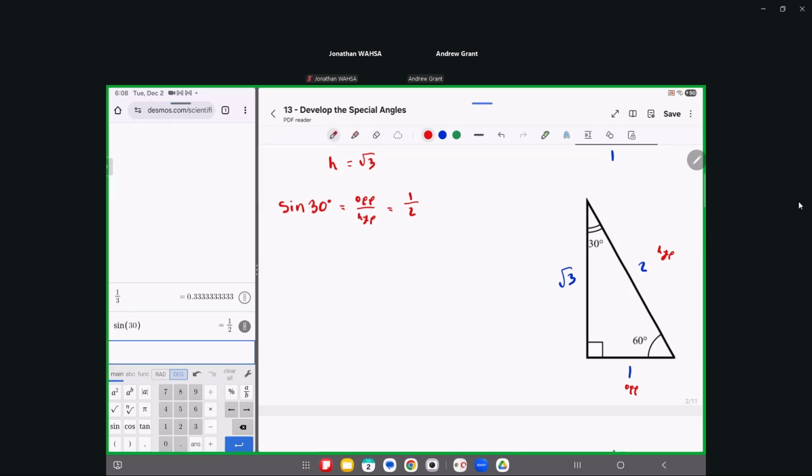Why stop there? What about cos of 30 degrees? Well, that's equal to the adjacent over hypotenuse. So the square root of 3 becomes the adjacent. And so that'll be square root of 3 over 2. And so if you type in cos of 30 degrees, you get this 0.86602 number.